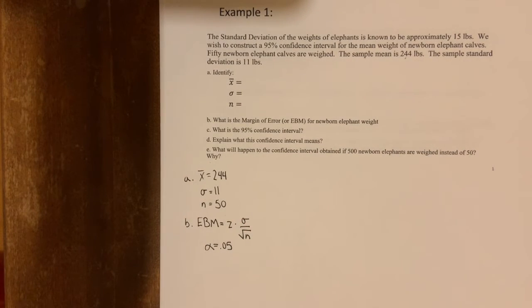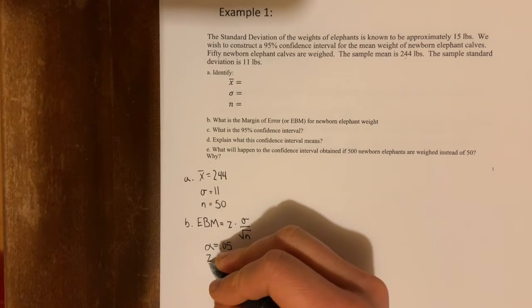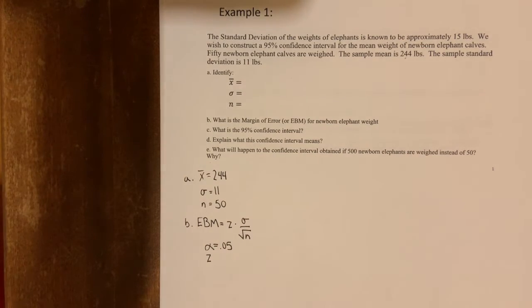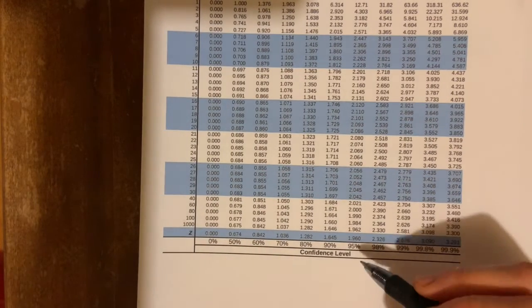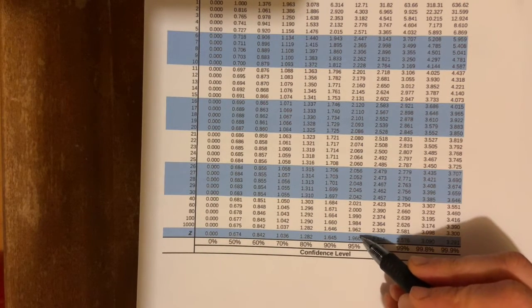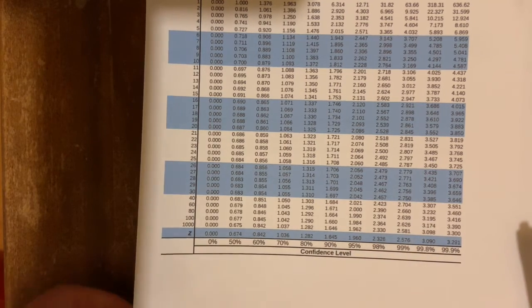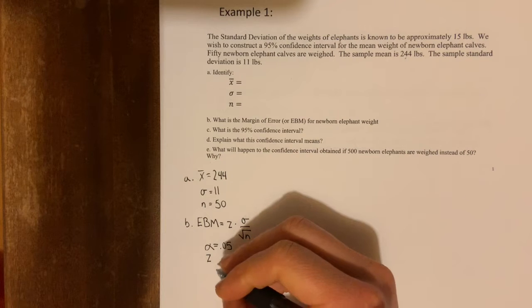If we need to find Z, we could use Google Sheets, or we could look at the confidence interval chart. And if you look at the 95% confidence interval right here, the Z score for that is 1.96.